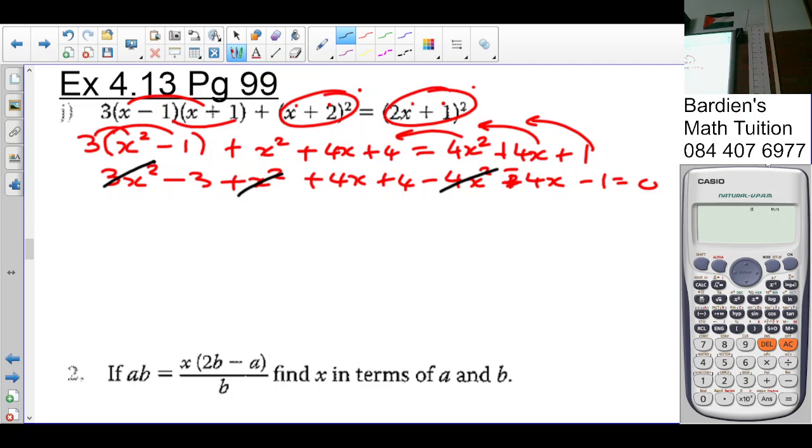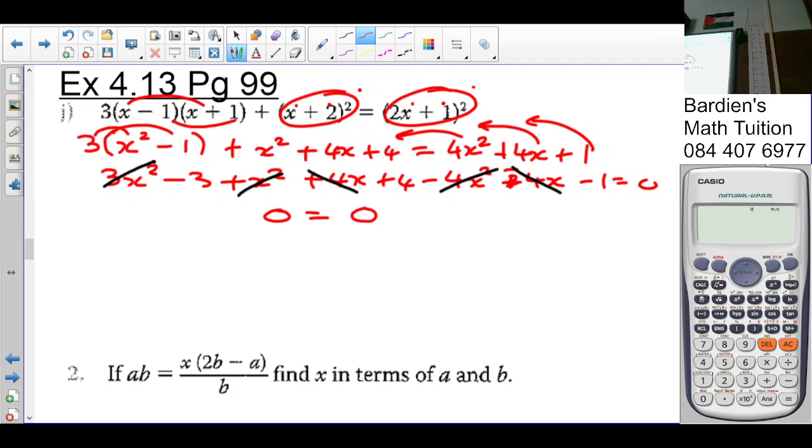So does the 4x cancel out? Yes, cancels out. So there are no x's here. Nothing is equal to nothing.